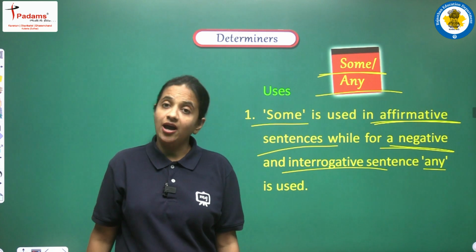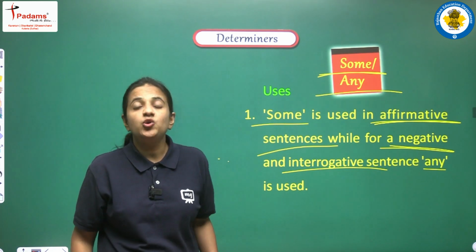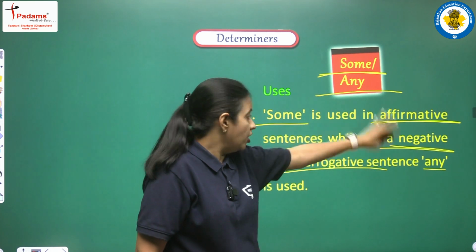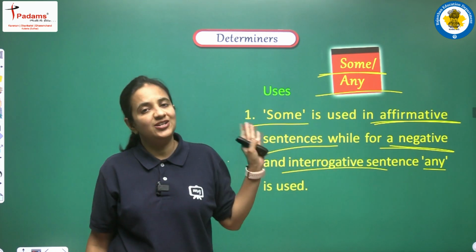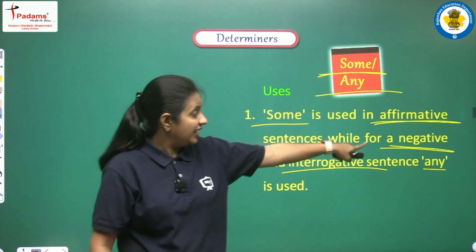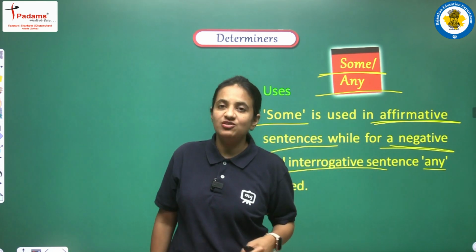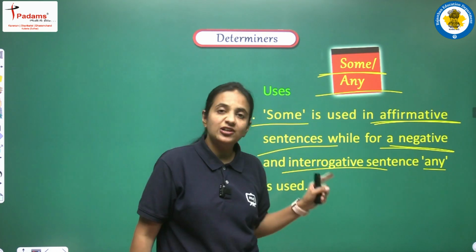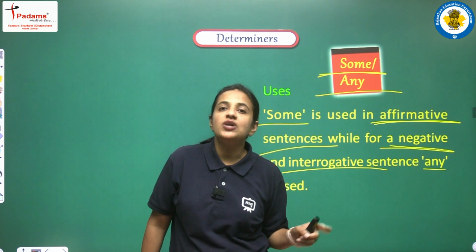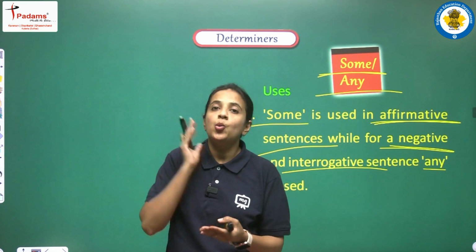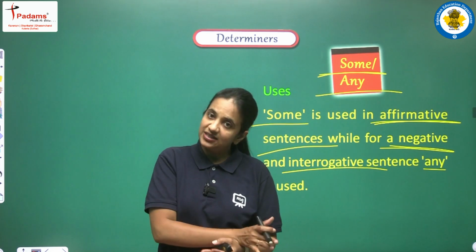Now we have to be very careful and clear about what affirmative, negative and interrogative sentences actually mean. So let's revise one more time. A negative sentence means a sentence in which we have not or any other negative word. An interrogative sentence means a sentence in which we have a question, and such a sentence has a question mark at the end.